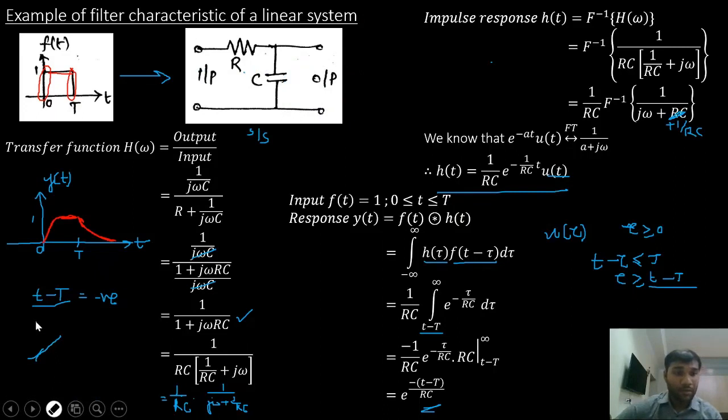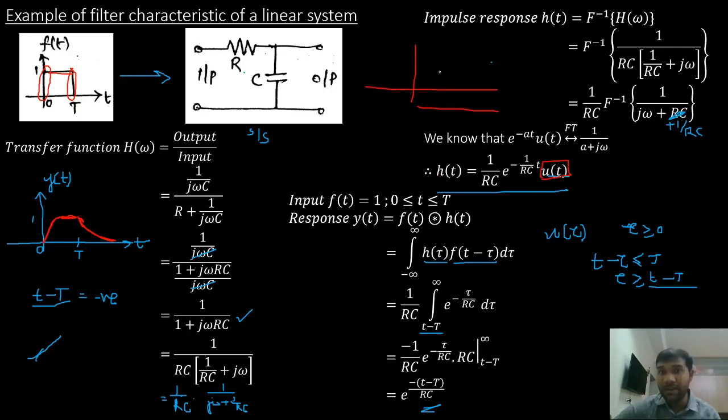And if you look at my impulse response, it is multiplied by u of t. That means it is going to be present only for values of t greater than 0. Only for values of t greater than 0, it will be defined. That is e power minus 1 by RC into t.